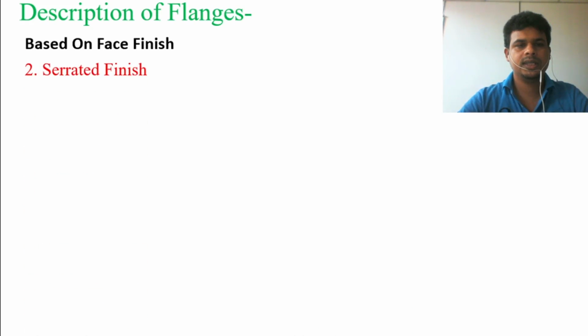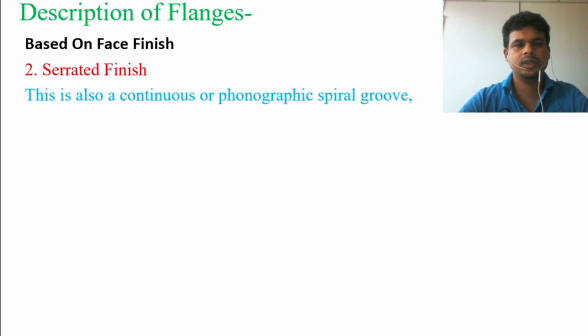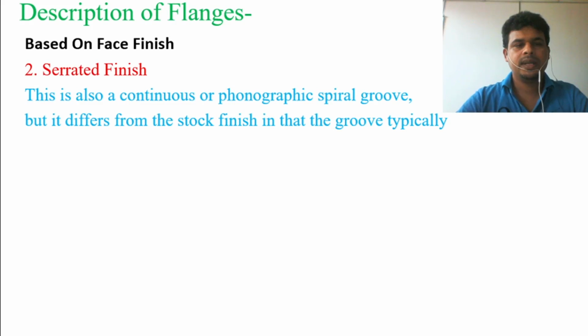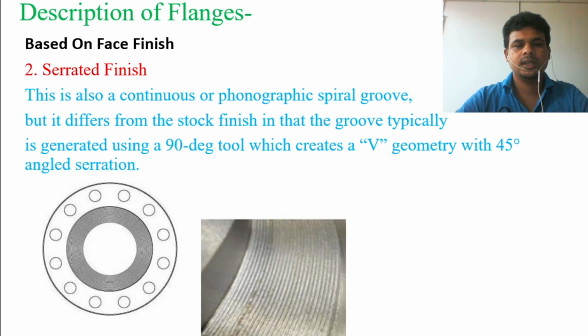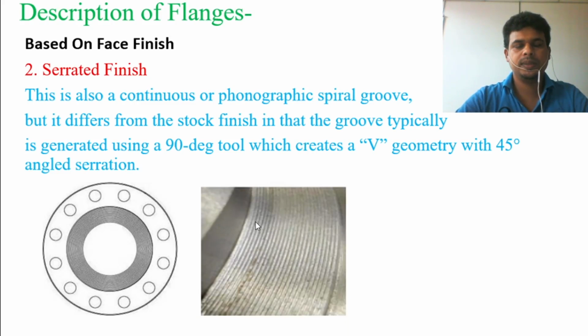The serrated finish is also a continuous or phonographic spiral groove, but it differs from the smooth finish in that the groove is typically generated using a 90-degree tool, which creates a V geometry with 45-degree angle serration. You can see in these pictures, this is the rough face, this is the serrated face actually. This serration is made using a 90-degree tool, and the shape will be a V geometric shape with a 45-degree angle.